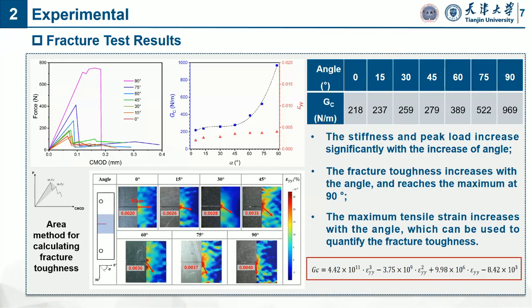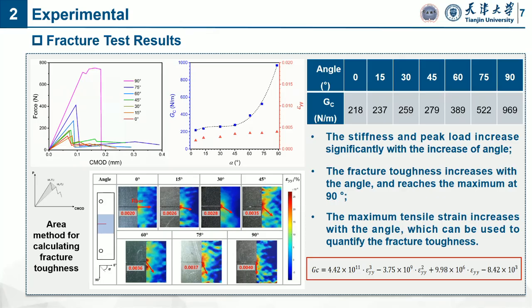That is the test results. For the CMOD and force curve, we can see that before the crack initiation, the curve is almost linear for all the specimens.